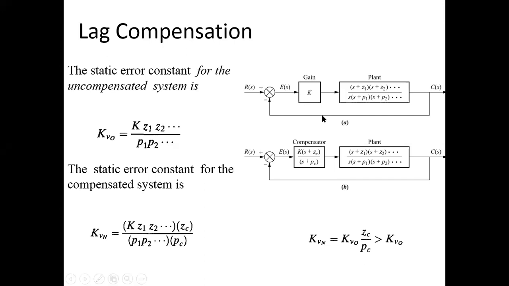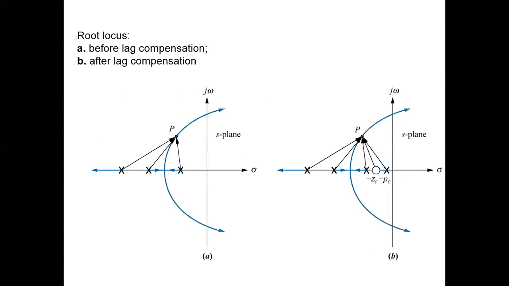So what will be the effect on the transient response? This figure shows the effect on the root locus of adding the lag compensation. For the uncompensated system in figure A, the root locus is shown, where point P is assumed to be the dominant pole.